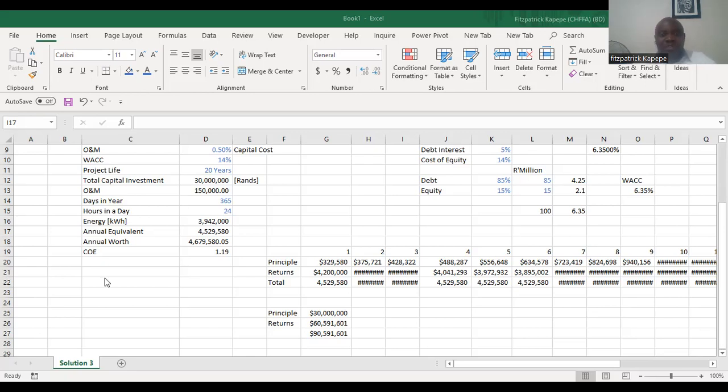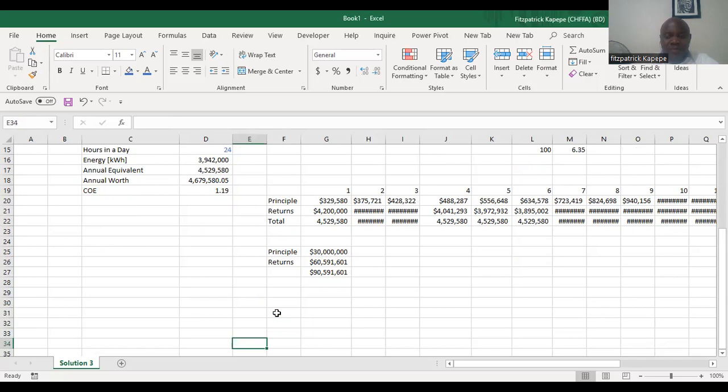So we then now go to levelized, and this is what we are going to do. So the levelized cost of energy will be your discounted cost divided by your discounted energy. That's it.